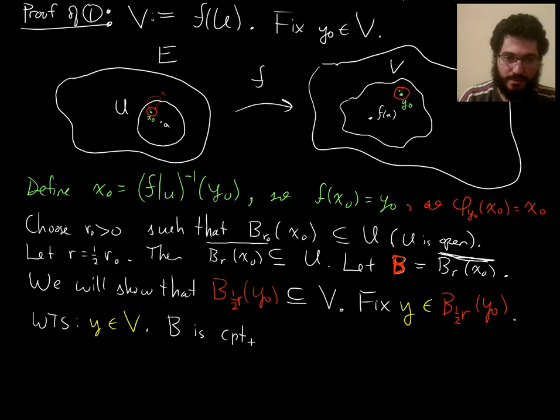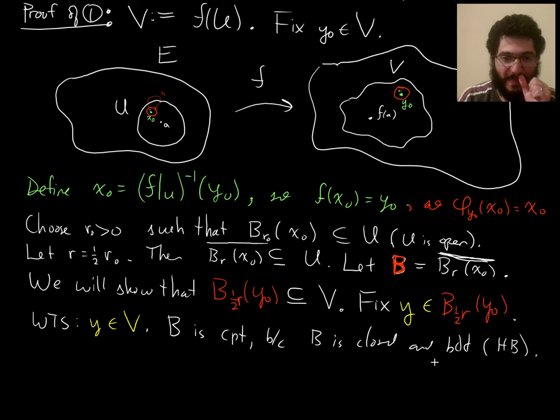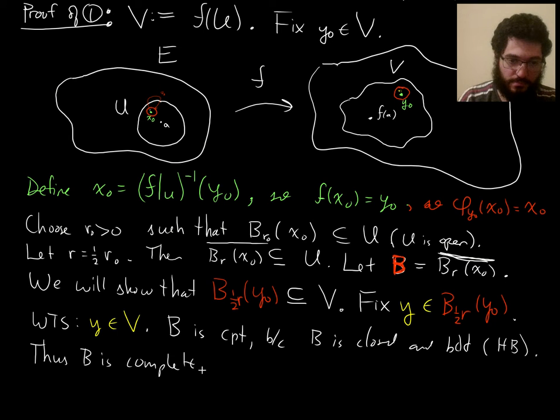So B is compact because B is closed and bounded. So this is by the Heine-Borel theorem. That means B is complete. So as a metric space, B is complete.